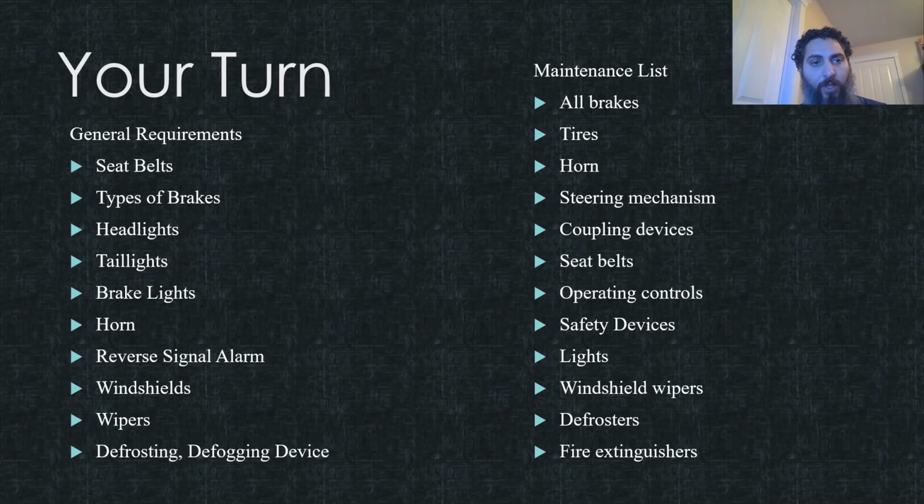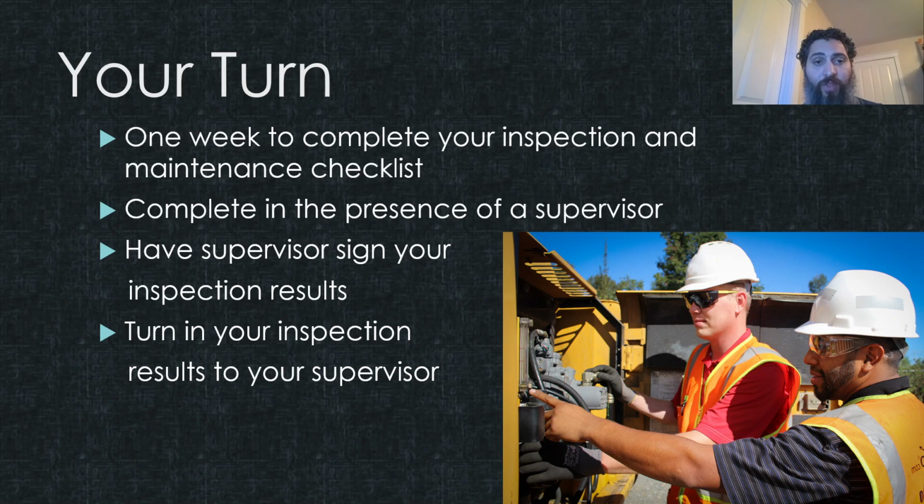Now, if you made your list of general requirements and then you made your maintenance list, now it's your turn. You're going to, within a week, complete your inspection for all of the general requirements of OSHA for your motor vehicle that you use on a daily basis, and also a maintenance check.